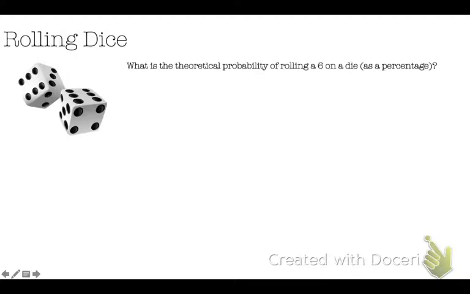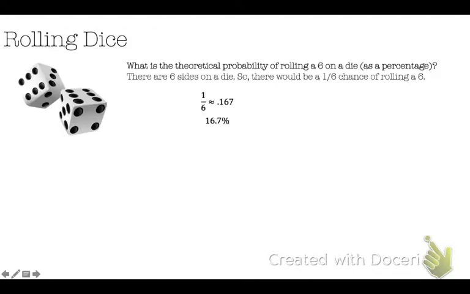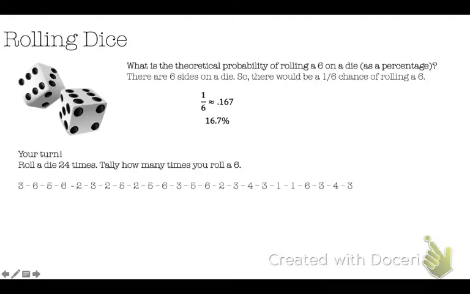So we want to know what the theoretical probability of rolling a 6 on a dice is. Well, there's only one side with a 6, so it's going to be 1 out of 6, which is 0.167, which is 16.7%. Okay. So if we roll a dice 24 times, we want to know how many times we get a 6.